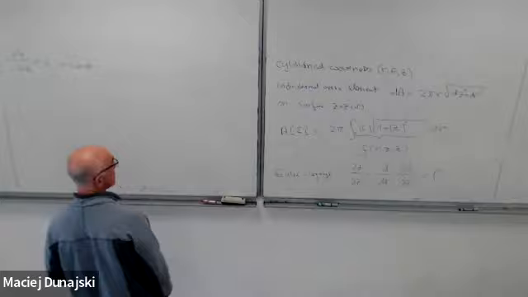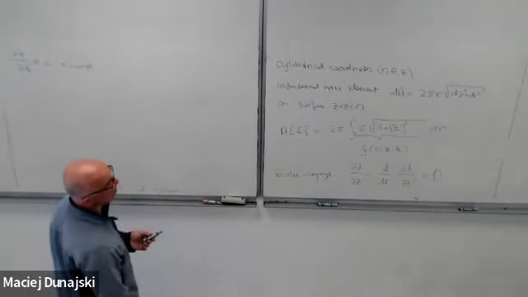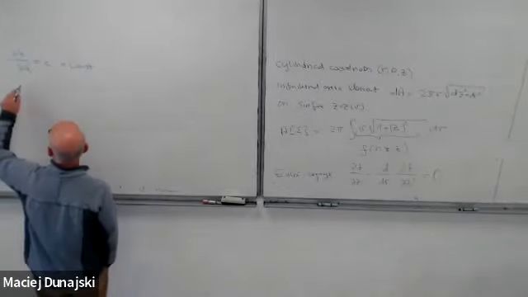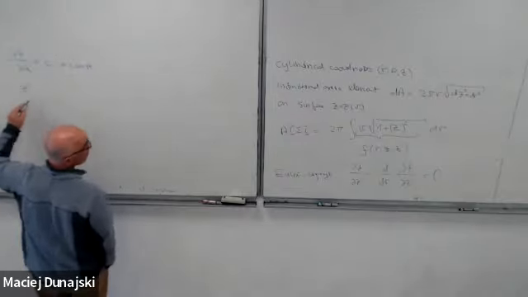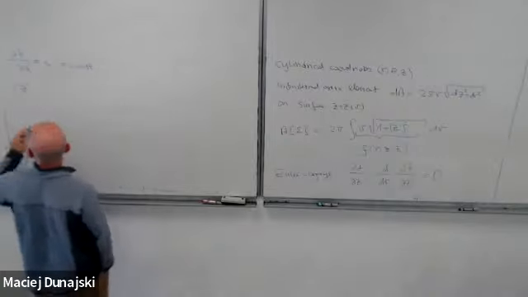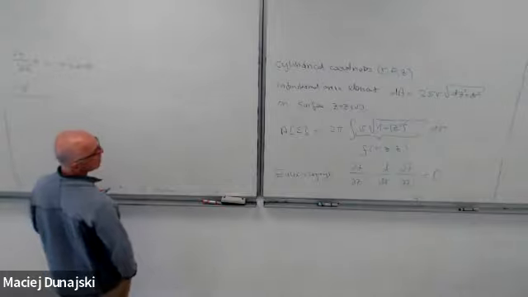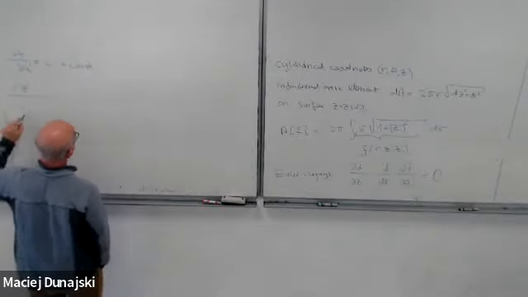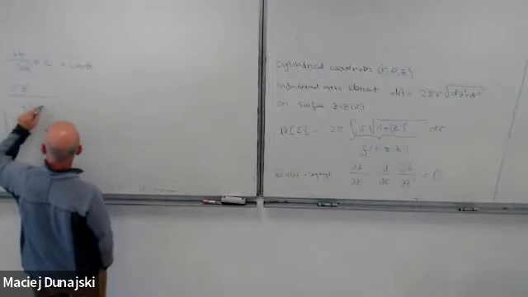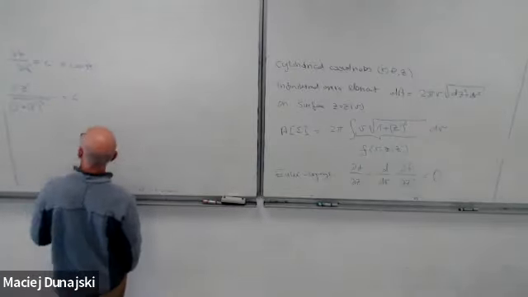So what's df by dz prime? There's this r here looking at me. It appears to be z prime times r divided by the square root of 1 plus z prime squared, and that equals c.